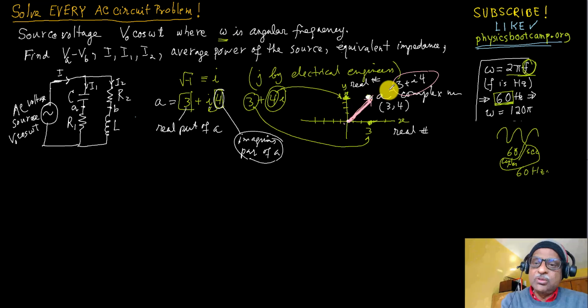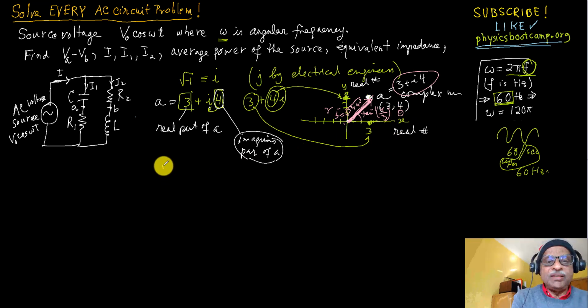This distance will be the square root of 3 squared plus 4 squared, which happens to be 5. And this angle will be the arctangent of 4 over 3. This usually represents r and this represents theta. So these are various representations of that.